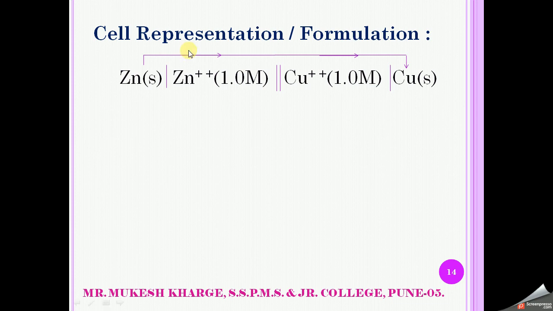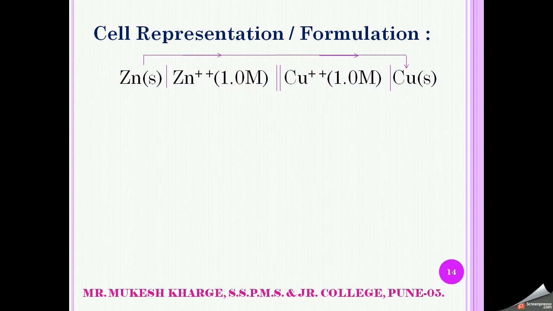Additional information such as s means solid, and 1.0 molar means the electrolyte concentration, are mentioned. If your electrode is a gas electrode, then pressure is mentioned in brackets. So two half cells are there, zinc in ZnSO4 and copper in copper sulfate. This is the cell formulation.